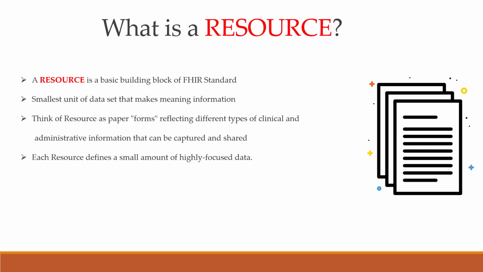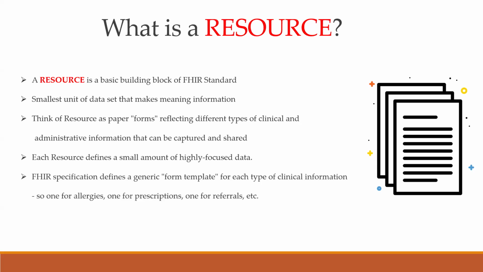All right. So every form, once you fill the data, if you take a look at one form individually, you will be able to understand that this data is about guarantor information. Let's say you are looking only at the insurance form. Then you will understand that this data is insurance related or coverage related data, right? But you may not be able to make out complete information by looking at only one resource.